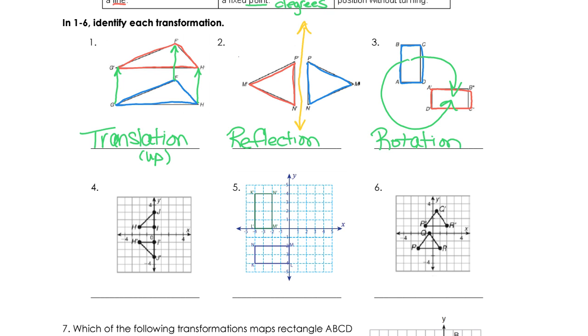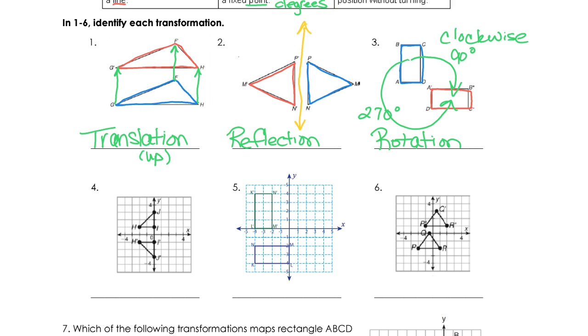It's probably maybe 90 degrees this way, or you could say that it is a rotation of 270 degrees this way. When you turn something this way, it is the same way the clock goes, so this would be clockwise.